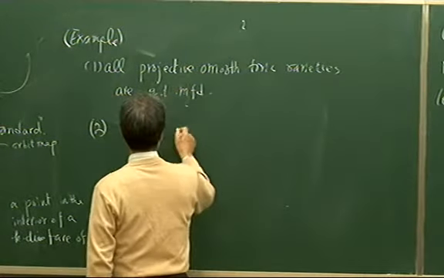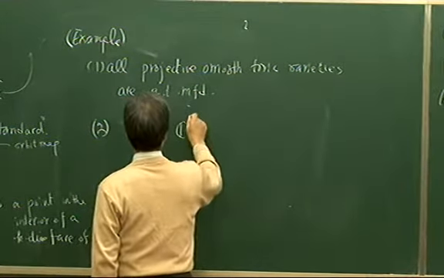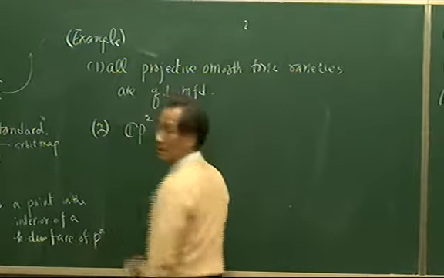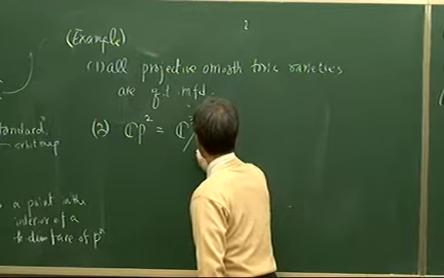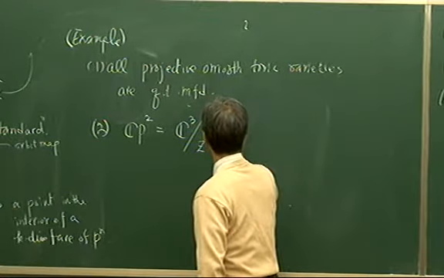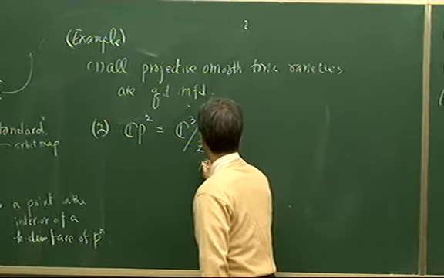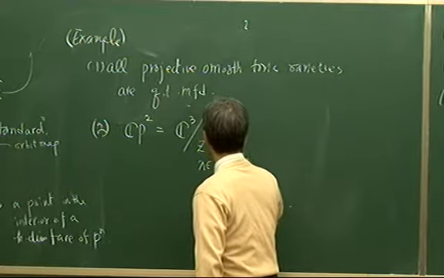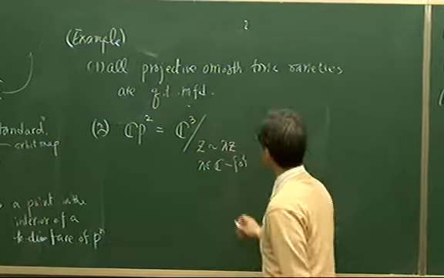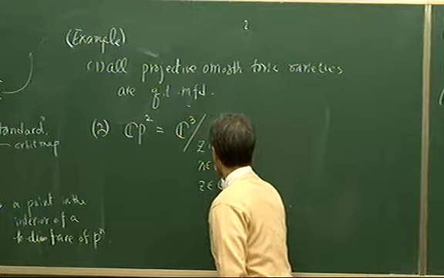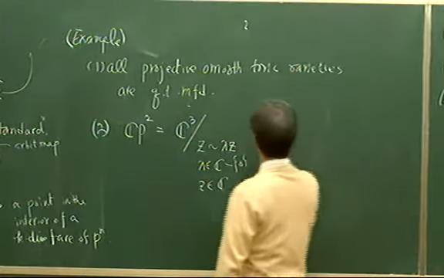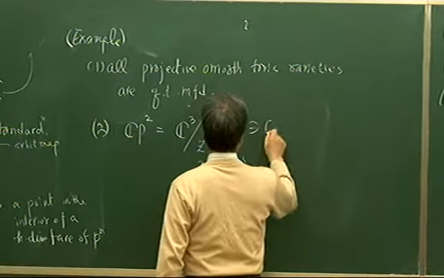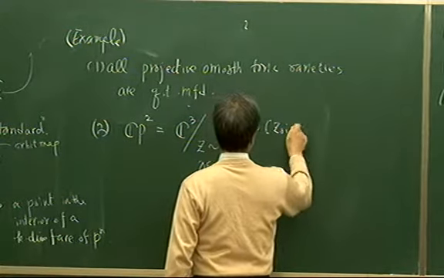This is the space C3 modulo the relation that Z is related to lambda Z, where lambda is in C minus 0. So each element can be represented as a 3-coordinate.